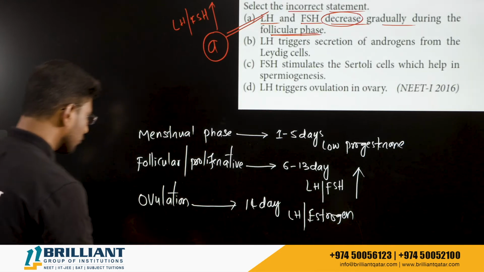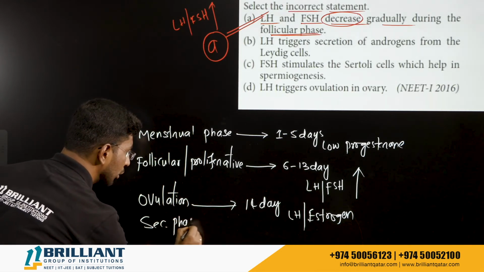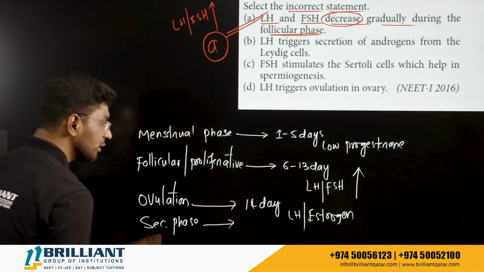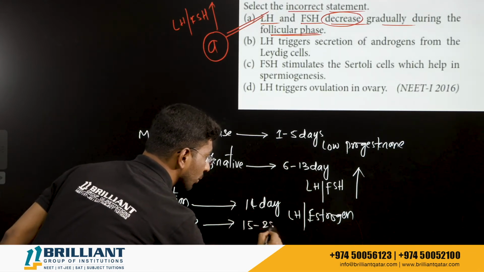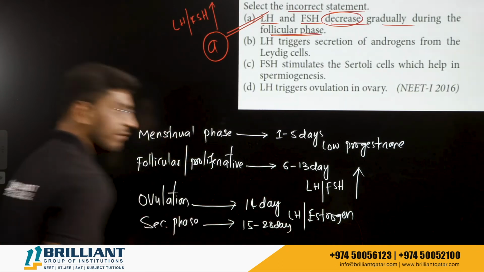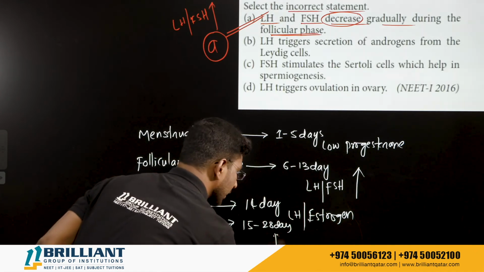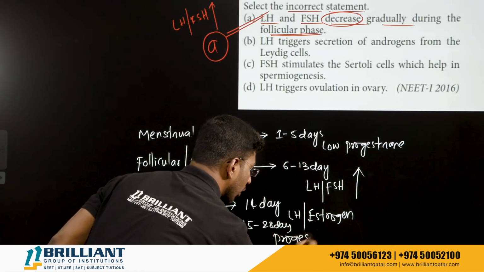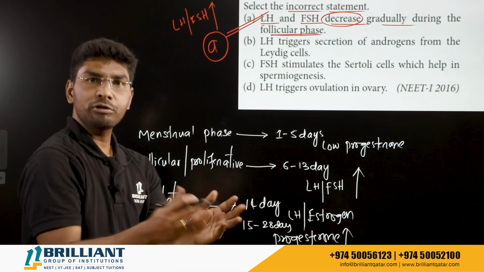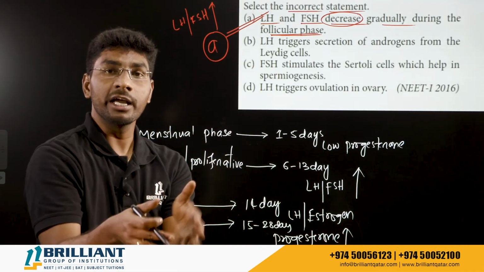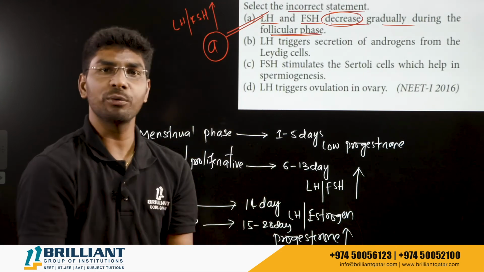The last phase of the menstrual cycle is called the secretory phase, also called the luteal phase, which runs from the 15th day to the 28th day. In this phase, progesterone concentration is high, up to the 21st or 22nd day. If the egg is not fertilized, this progesterone gradually decreases and the next menstrual flow will start.